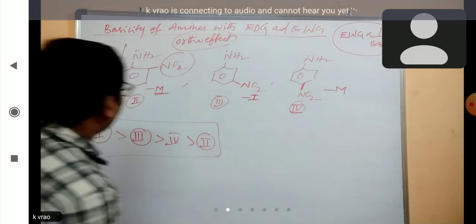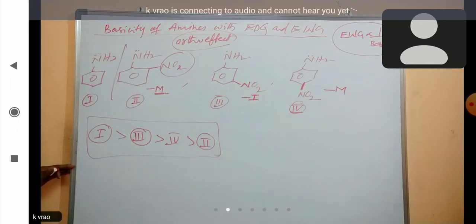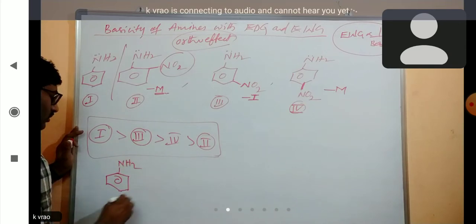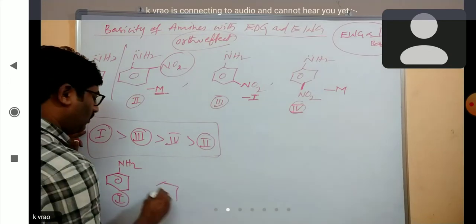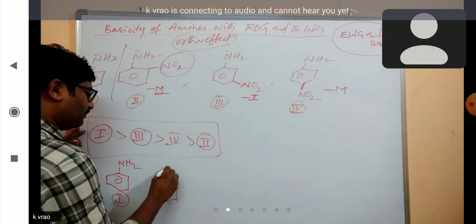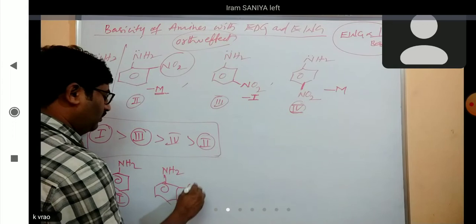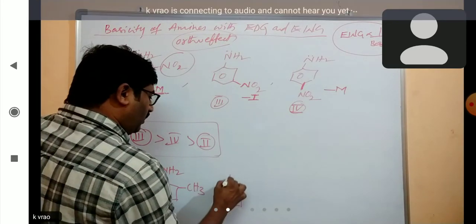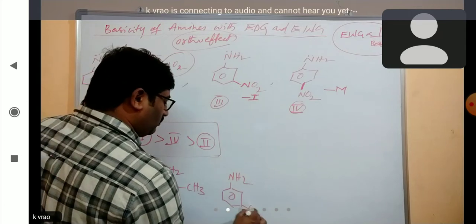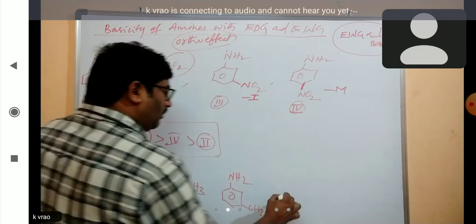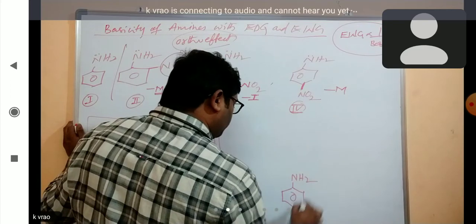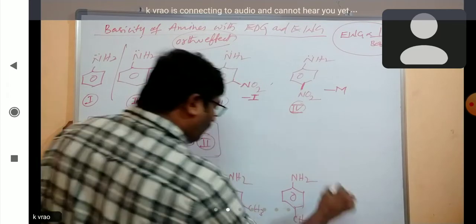Next, basicity of amines with electron donating groups. Let us take electron donating groups with NH2. This is structure number 1, and NH2 with methyl on the ortho position, an electron donating group, methyl on the meta position, and methyl on the para position.